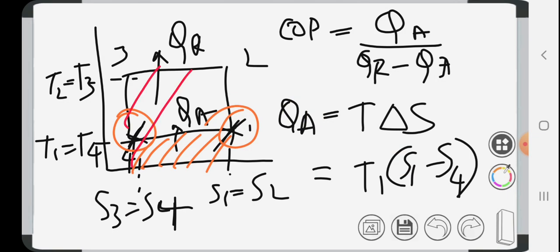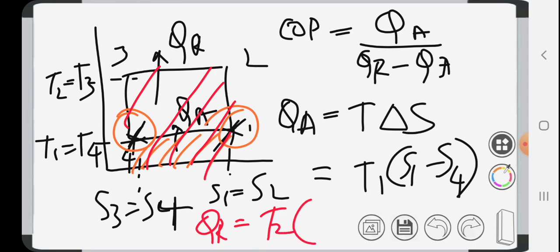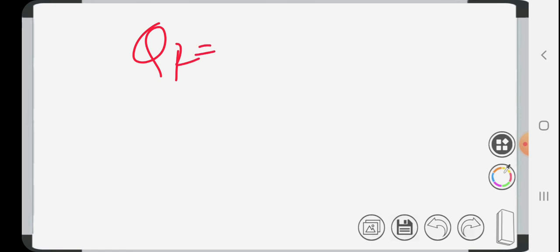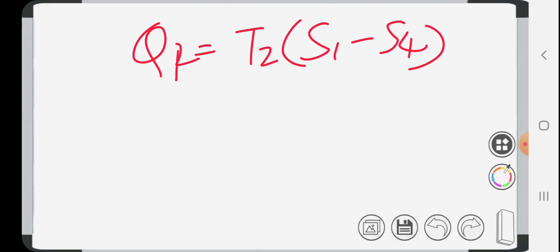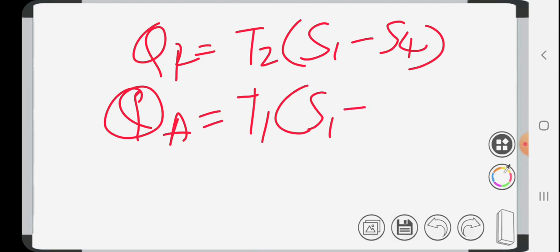The area under 2 to 3 will be the value of Q rejected. What will be Q rejected? T2 into S2 minus S3, and S2 minus S3 is nothing but S1 minus S4 itself. So QR equals T2 into S1 minus S4. QA was T1 into S1 minus S4.